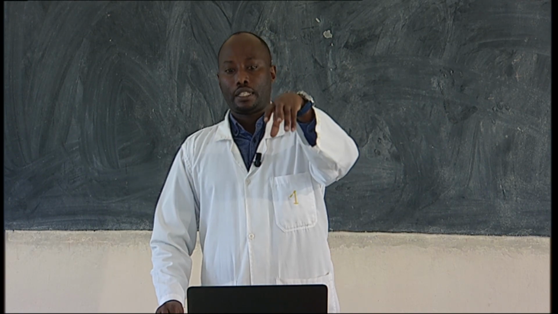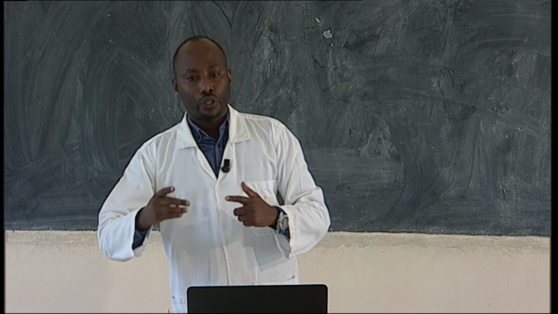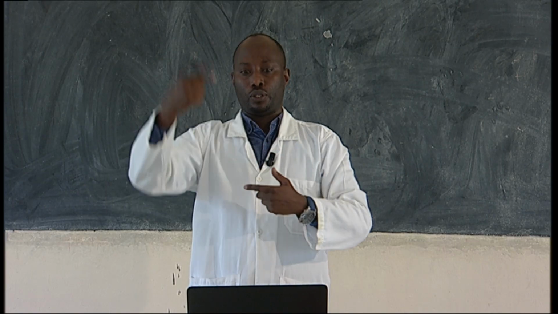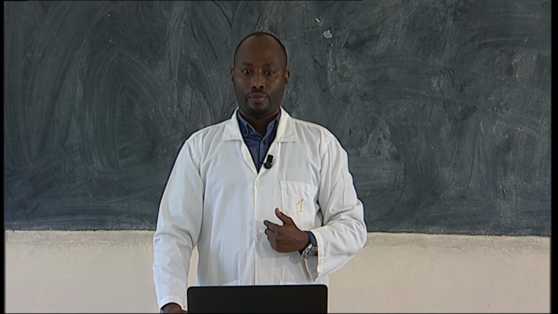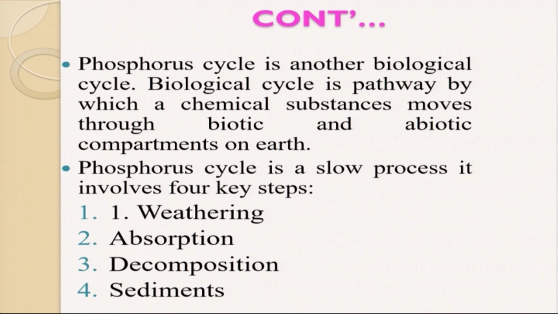We have the third step, which is called decomposition. Decomposition involves how phosphorus can be released back to the environment. Think about how decomposition happens. Most decomposition is carried out by bacteria. These bacteria are very important in causing substances to decompose.